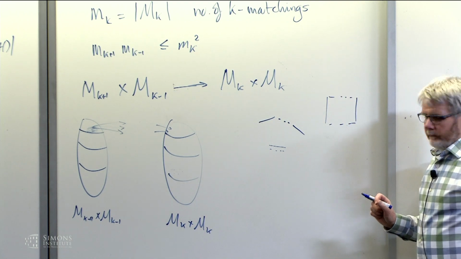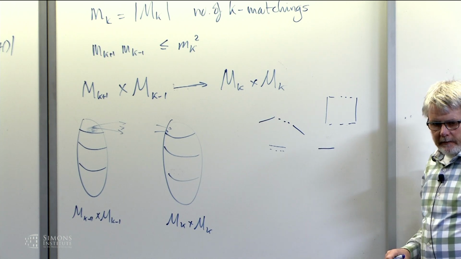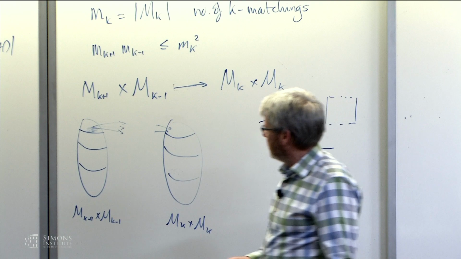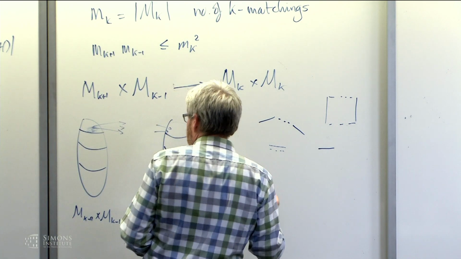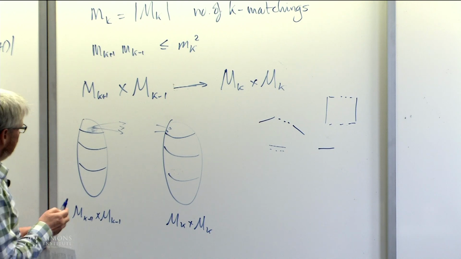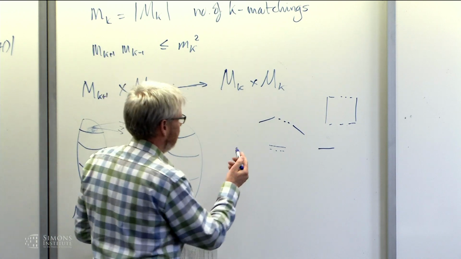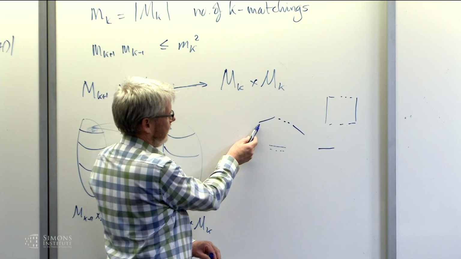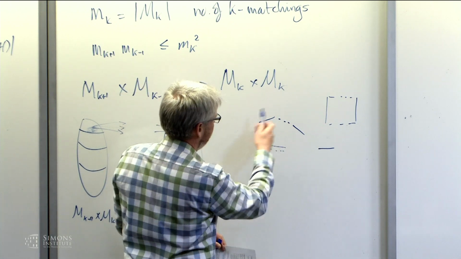Just a single edge is a trivial alternating path. Let me suppose this corresponds to blue and this corresponds to red, or dotted and dashed, if you like.